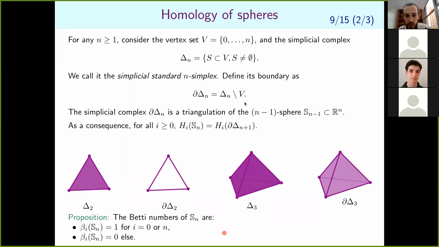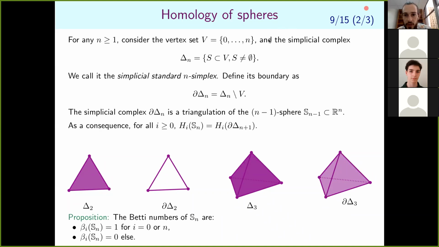So, for instance, I could deduce that beta 0 of the sphere of dimension 2 is 1. Oh, it's not drawn.